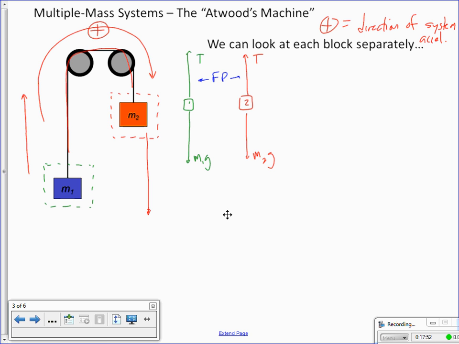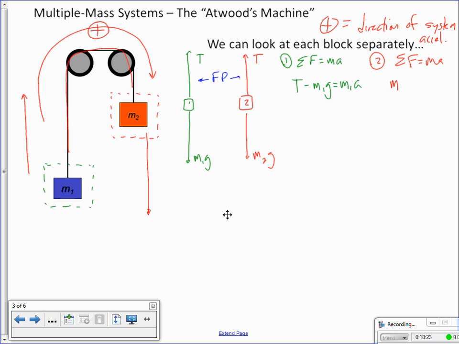So we can write two net force statements, right? Net force equals ma for 1. Well, that would be like this. T minus m1g equals m1a. Again, for m1, upward is positive. Okay? For mass 2, net F equals ma.